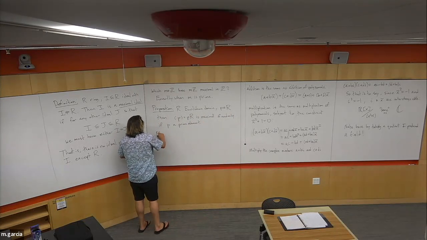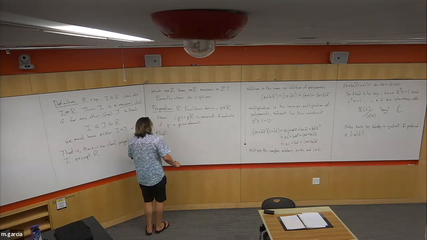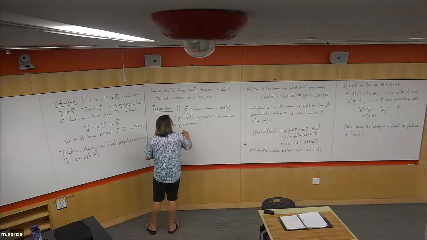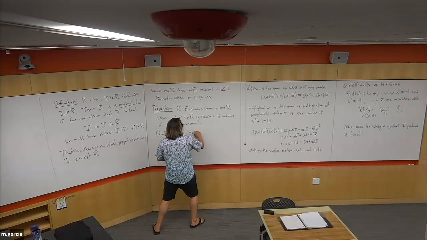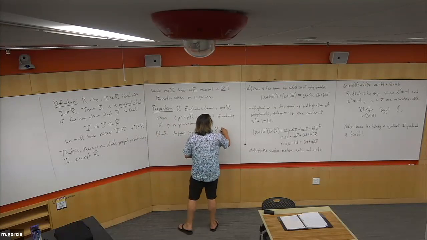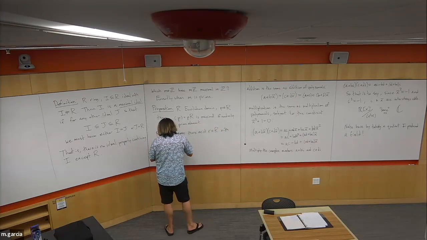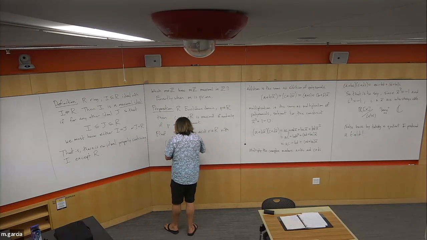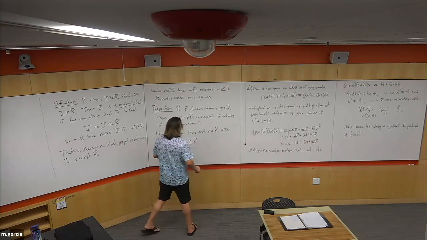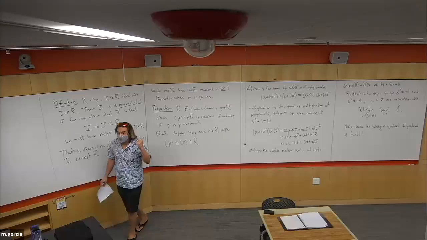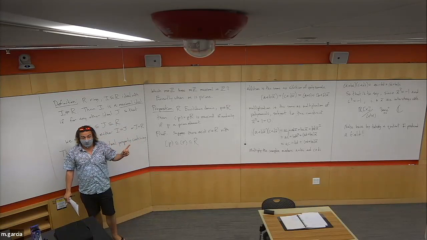So here's a quick proof. Suppose there exists little r in R with the following containments: the ideal generated by P is contained in the ideal generated by r is contained in R. I can choose a single element because I'm in a Euclidean domain, so I know that all my ideals are principal.